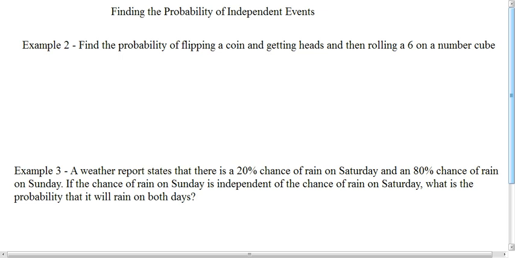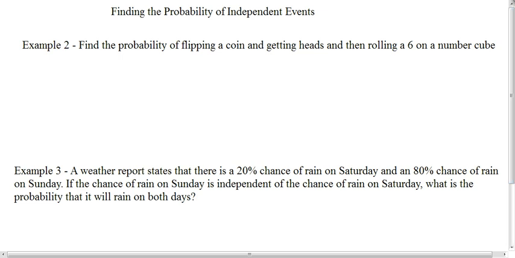So these are two different events, and your outcomes are totally different, so they are definitely independent. So what we want to do is take a look at our P of, our probability, and.